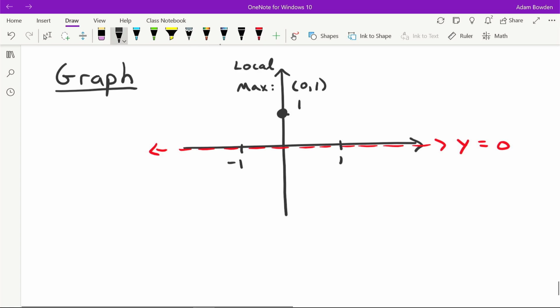And we had inflection points approximately at the points negative 0.6 comma 0.7 and positive 0.6 comma 0.7. So what's going to happen here is it's concave up until it gets to one of those inflection points, and then it switches to concave down, and then it switches back to concave up, making the graph look something like this.